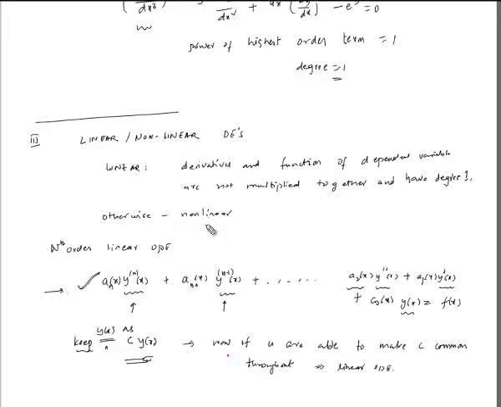So we'll see one example which will describe. Let's take an example: d square y by dx square plus x cube y is equal to sin x. Now in the place of y, if I keep cy, where c is some constant, then this becomes d square y by dx square, and this becomes c into x cube y, is equal to sine x.